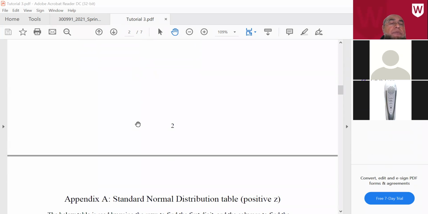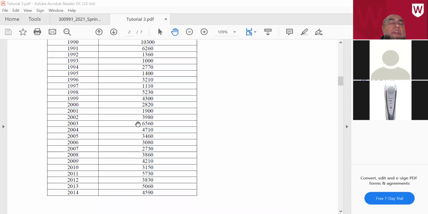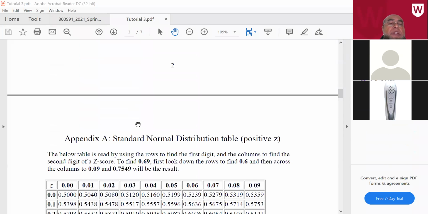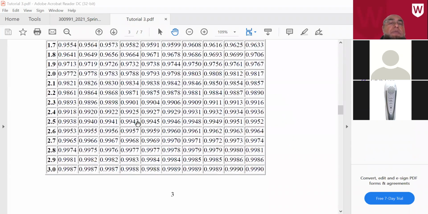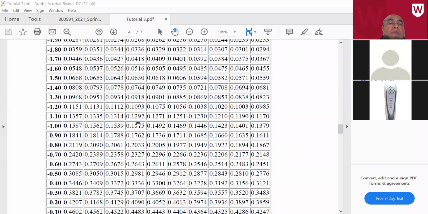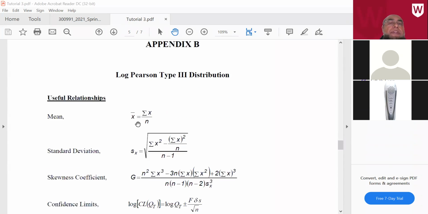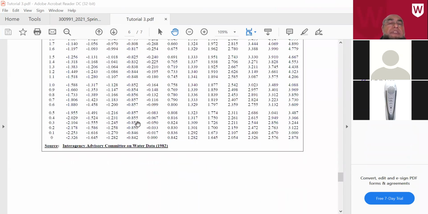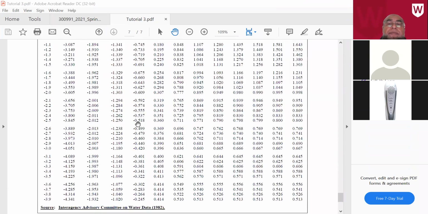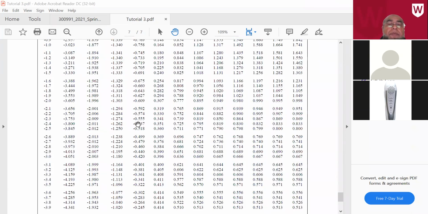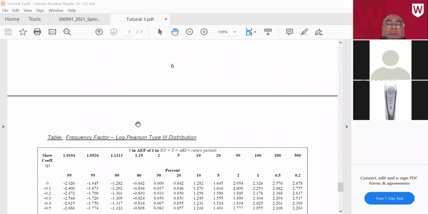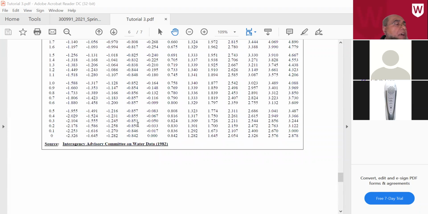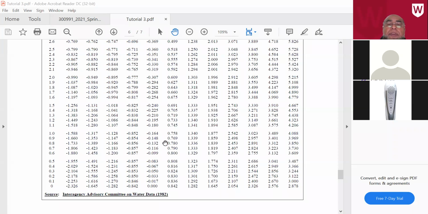We have data up to 2014 for these catchments, and we have the standard normal distribution table there. We also have the LP3 distribution and its table for the frequency factors. So these are the problems there.